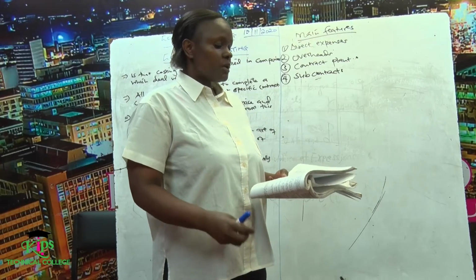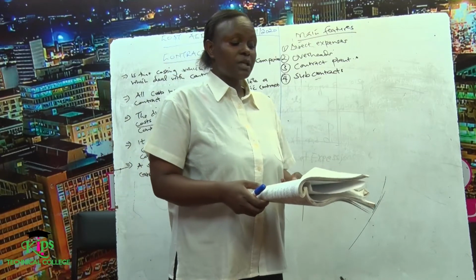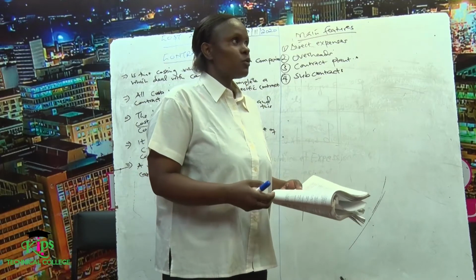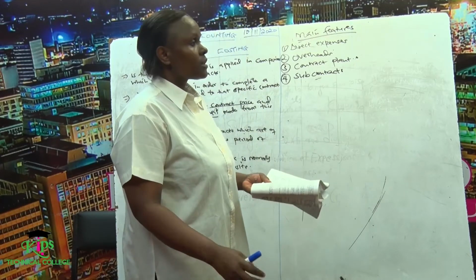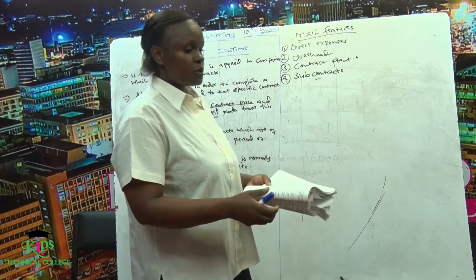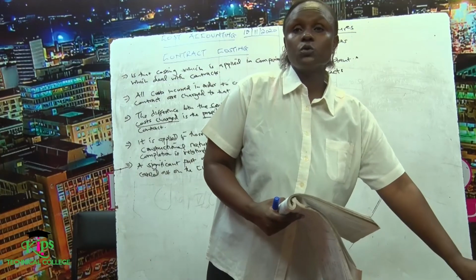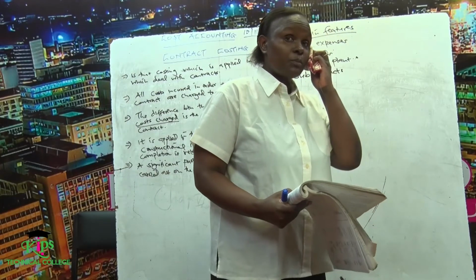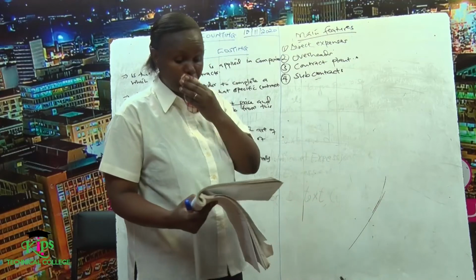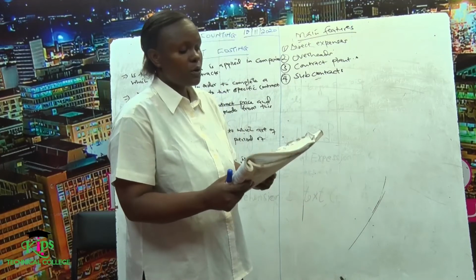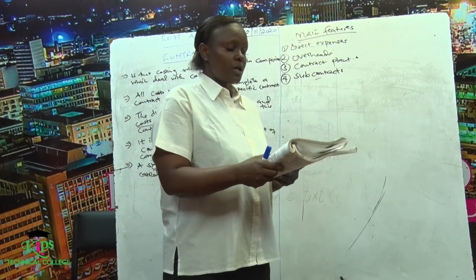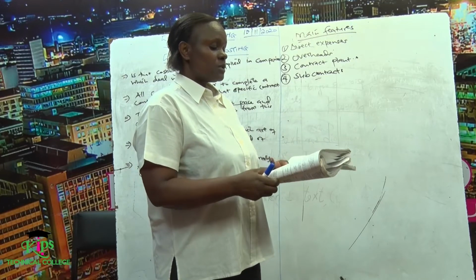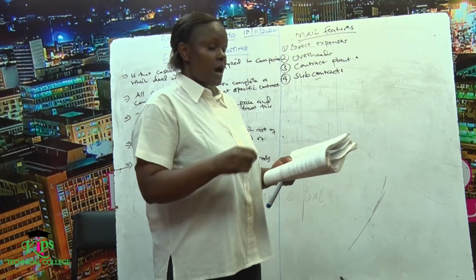So the amount paid to subcontractors is charged to the respective contract. For example, you are building a house, then you need a plumber to come and put some pipes, and also you need an electrician to come and put some electricity wires. Those ones we call subcontractors. The amount which you pay those people is charged to the respective contract account.